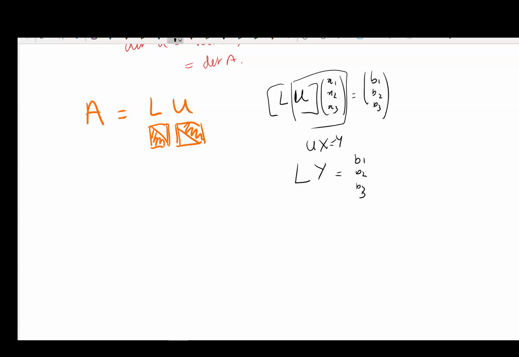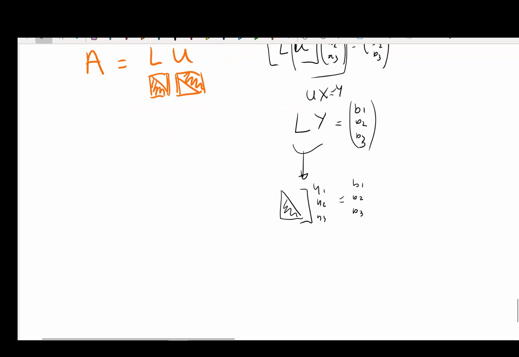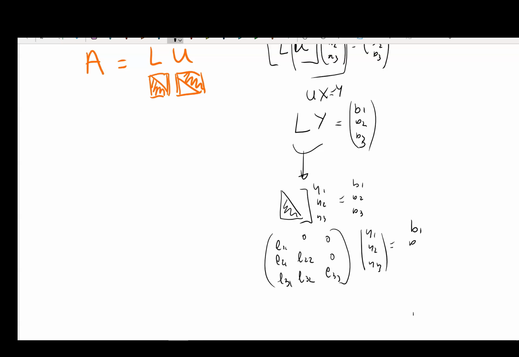So if I put Ux equal to y, then I'm solving L times y equal to something. It means I've got my lower triangular matrix, with L11, L21, L22, L31, L32, L33 and the rest zeros, times y1, y2, y3 equal to b1, b2, b3.